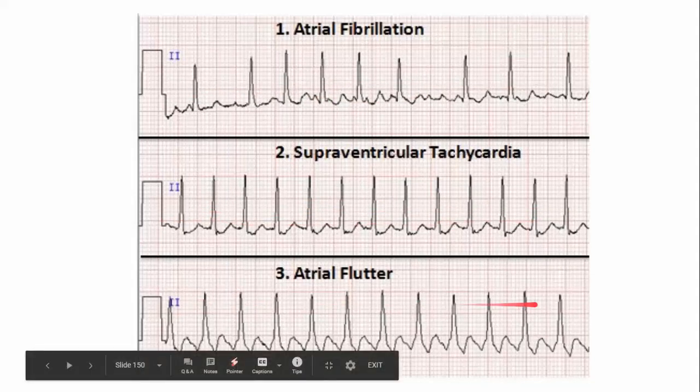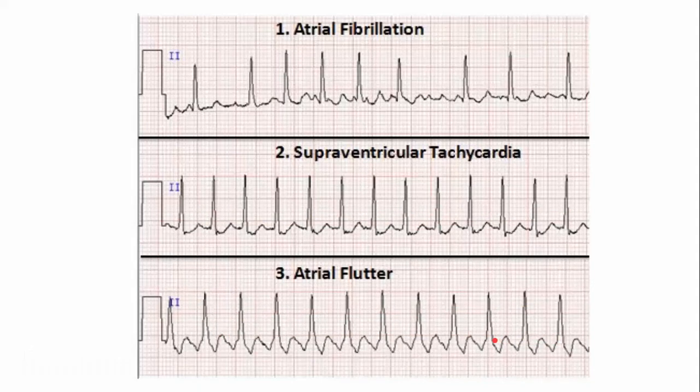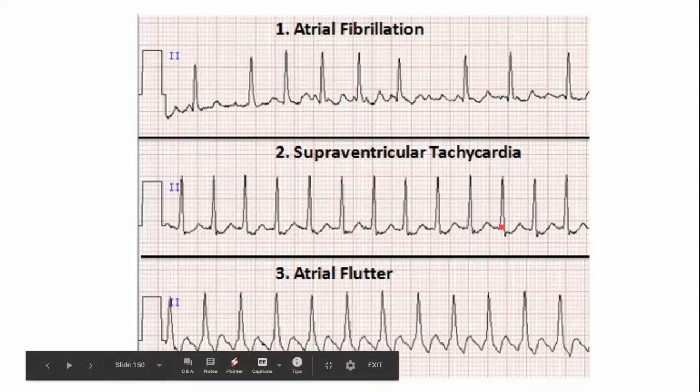Atrial flutter is really, really fast also, but we see the effects of P waves because the flutter rates are going 250 to 350, that brings us into this sawtooth pattern of atrial depolarization. So atrial flutter, this sawtooth pattern, supraventricular tachycardia, and atrial fibrillation that we looked at last time.